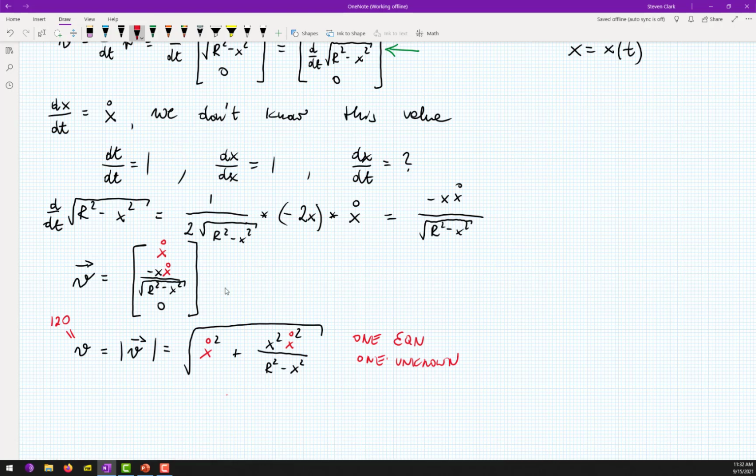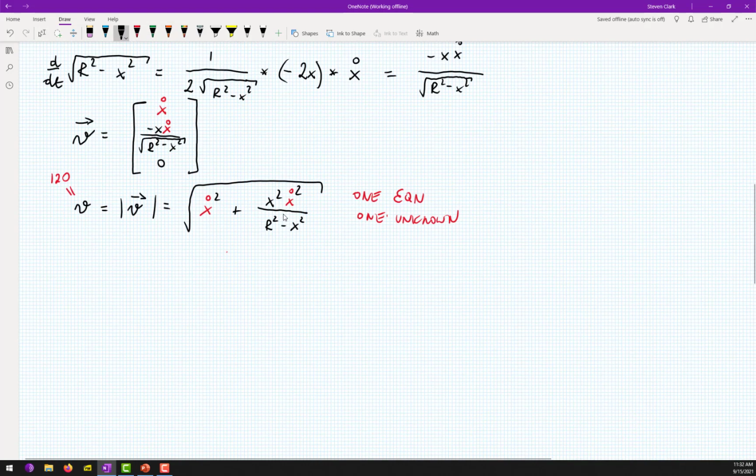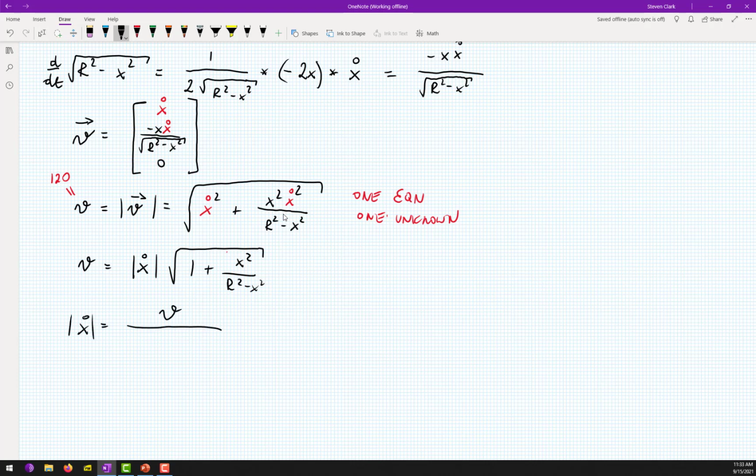Maybe a little bit, why not. So basically, we will have v equal to the absolute value of x dot times the square root of 1 plus x squared over r squared minus x squared. And I want to find x dot, so the absolute value of x dot is equal to v divided by that square root.